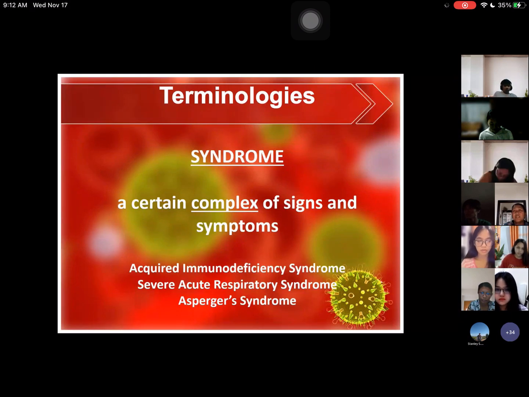You know, Asperger's syndrome, this is actually a neurodevelopmental disease or disorder which is characterized by the inability to interact socially. Parang sinasabi nilang parang it's an abnormal disorder. Okay?